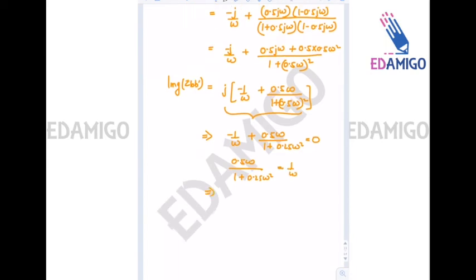From here I can say that 0.5 omega square is equal to 1 plus 0.25 omega square, or omega square is equal to 1 upon 0.25, or omega is equal to the square root of 4, that is 2 radians per second. So at 2 radians per second the ZBB dash will be completely real.